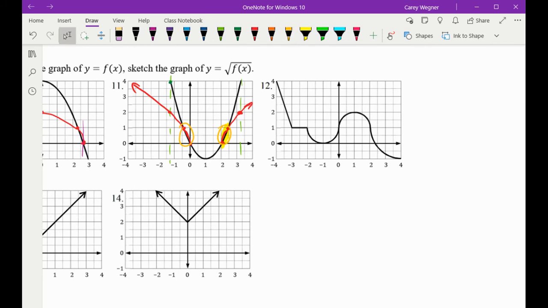Question number 12. Pretty crazy. But again, let's start with the invariant points. They happen where my y is 0 and my y is 0. And where my y value is 1 and 1 and 1 and 1, and actually all the way along here it's equal to 1.